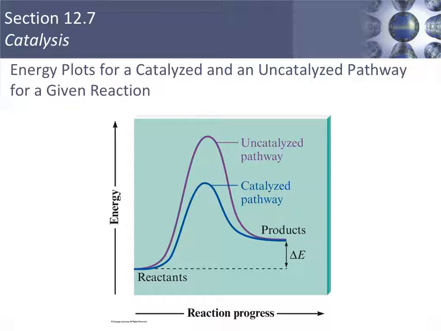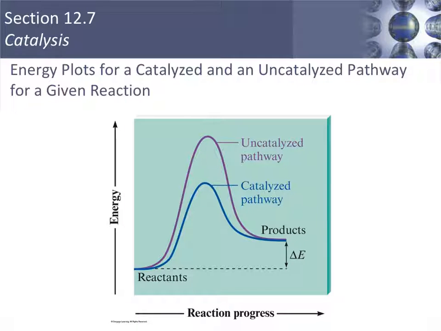The idea of activation energy leads directly to the idea of what a catalyst does. So we can understand a catalyst as something that lowers the activation energy. So if you look, this would be the reaction proceeding without a catalyst, and then this would be with the catalyst.